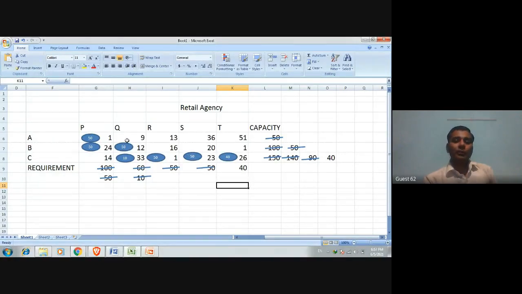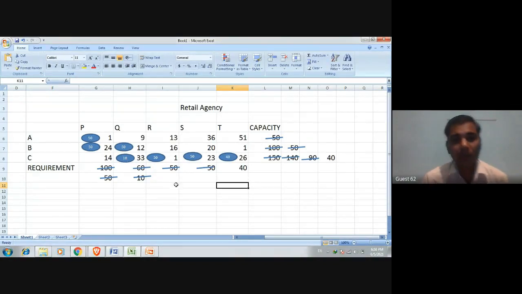The requirement of Q was 60 units. So Q has got 50 units from the warehouse B and 10 units from the warehouse C. So he has got 60 units from two warehouses.